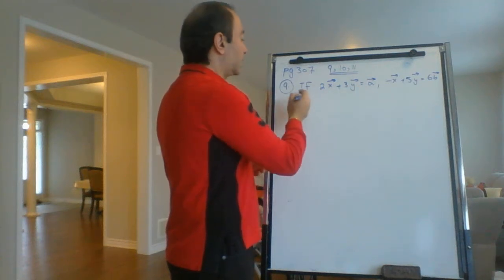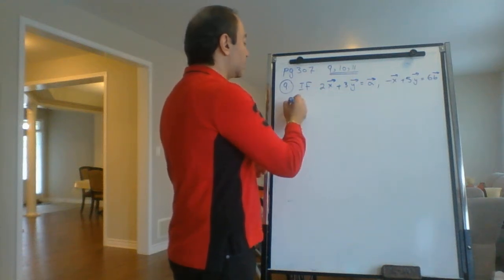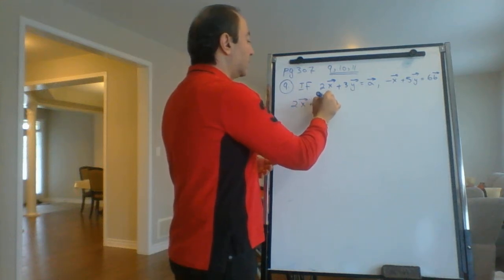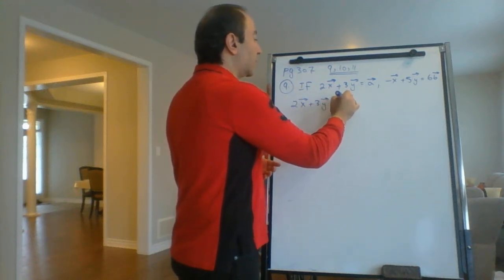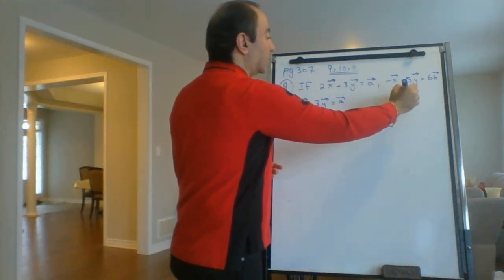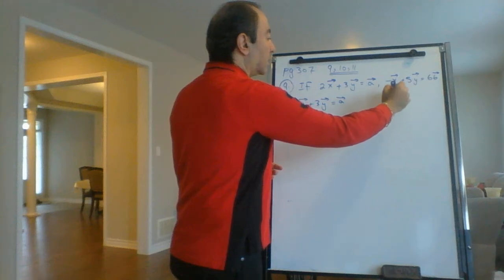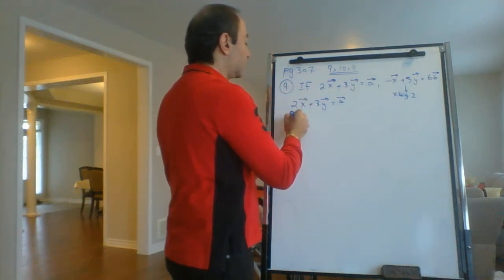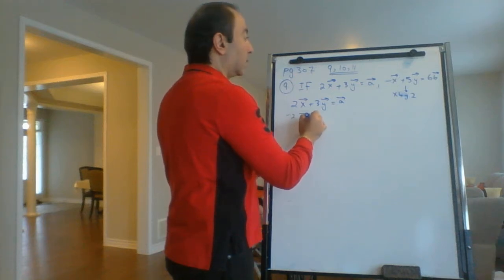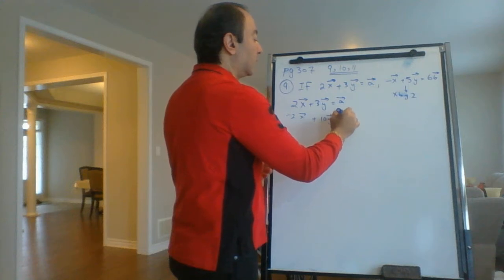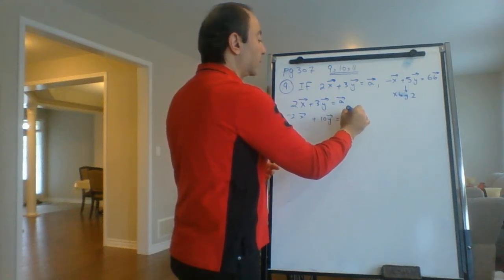So I will write the first equation as it is. 2x plus 3y equal a. Then I will multiply the whole thing by 2. So I will have negative 2 vector x plus 10 vector y equal 12 vector b.